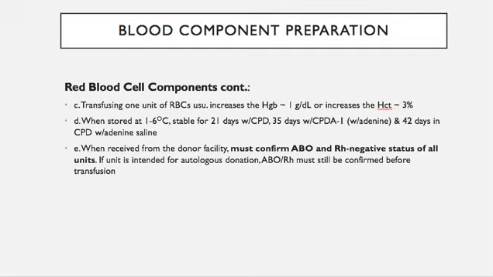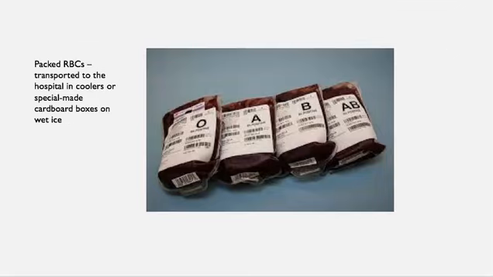If the unit is intended for autologous donation, remember that's a unit that a patient has donated for themselves, the ABO Rh still has to be confirmed before transfusion. There's a picture of units of packed red cells that you might see in the blood bank.